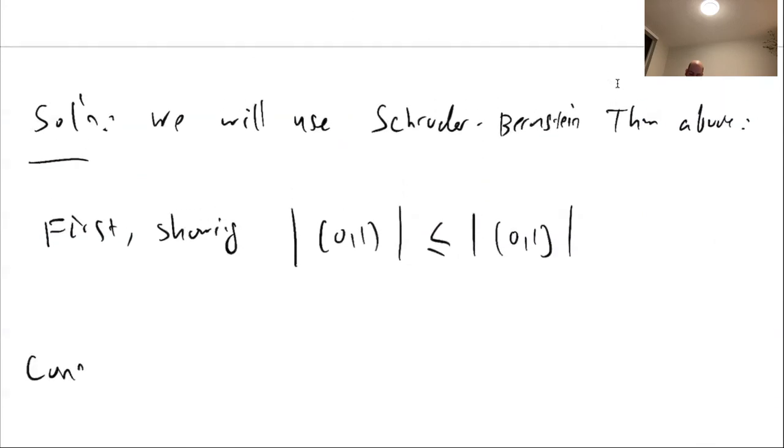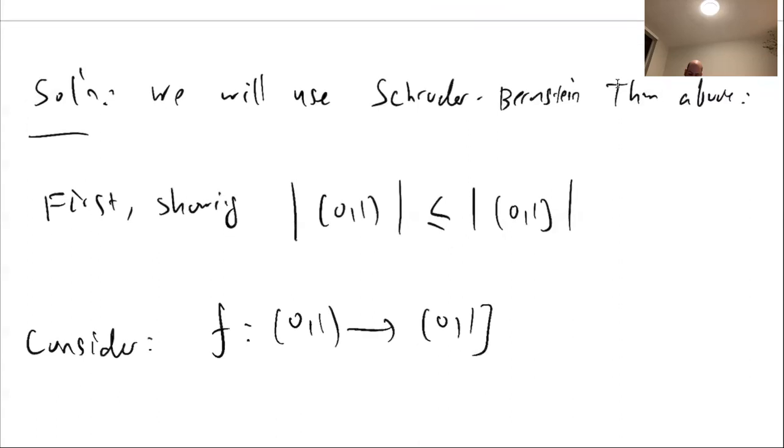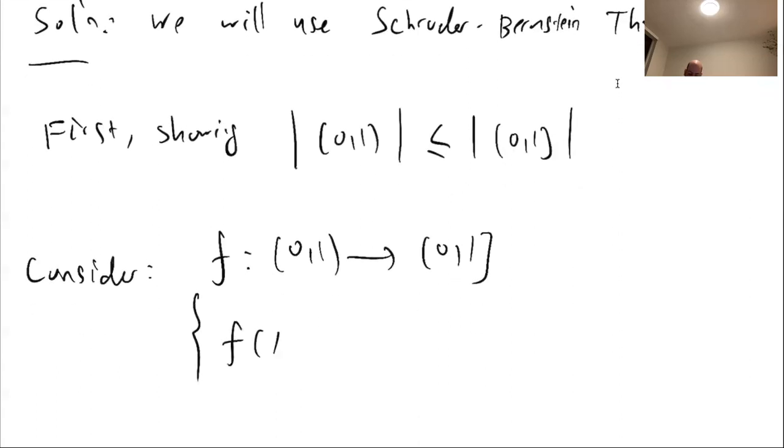So I need to consider a function, let's say f from open 0 to 1 to half-open, half-closed 0 to 1, and it has to be one-to-one. So which function would you consider that is one-to-one and from open 0 to 1 to half-open, half-closed? Well, obviously I can consider f of x equals x. It's one-to-one, obviously, the identity function.